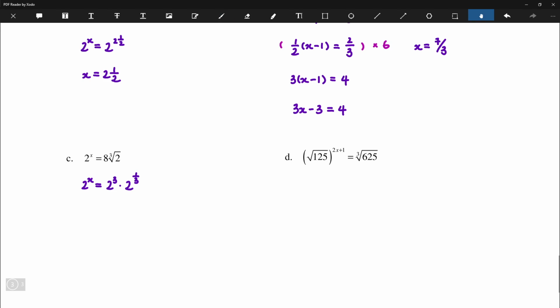Now, this one is a bit tricky on a test because sometimes we end up multiplying the 3 and the 1/3 together to get 1, which is of course not what happens. When we have 2 powers of the same base, we don't multiply the exponents together, we add the exponents together. So this would be actually 2 to the 3 and 1/3 power. So x is equal to 3 1/3.